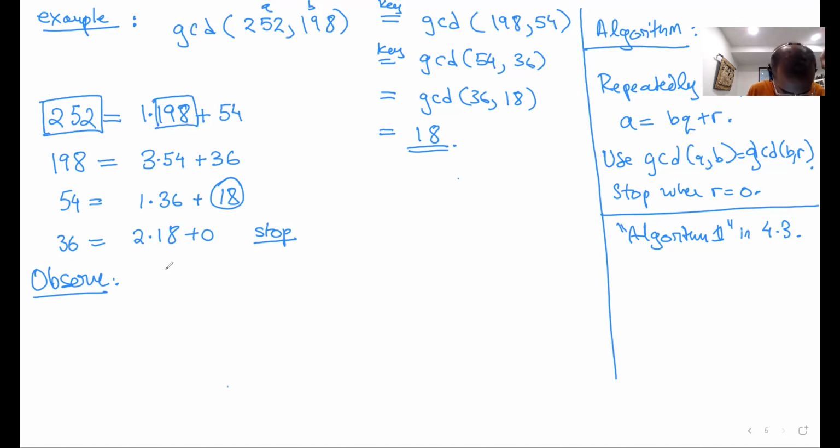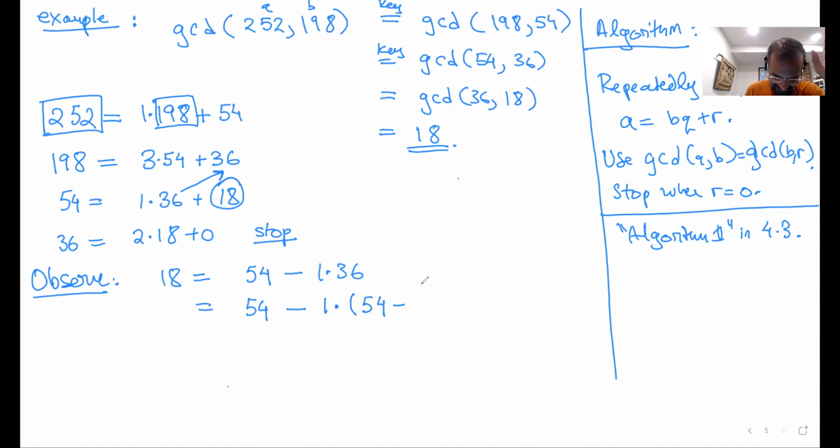So I'm going to do a weird computation here. I'm going to say 18 equals 54 minus 1 times 36. Okay, but now I know how to express 36 in terms of 54 and 198. So this is equal to 54 minus 1 times 54 minus 18.